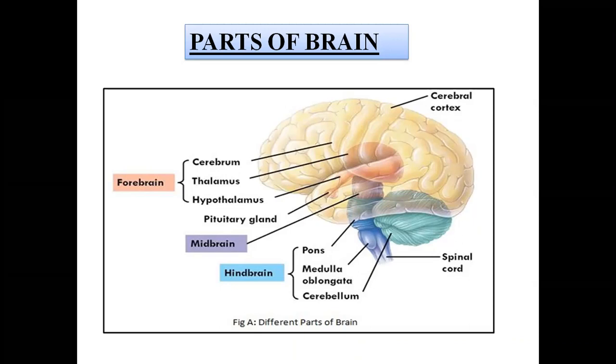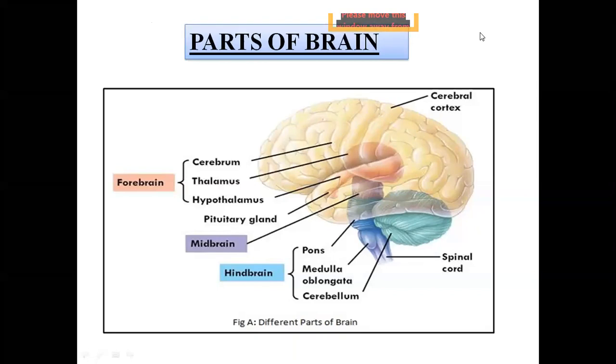In case of the brain, we started with reading about the different parts present in the brain, that is the forebrain, midbrain and the hindbrain. In the forebrain, the different parts are cerebrum, thalamus, hypothalamus and the pituitary.